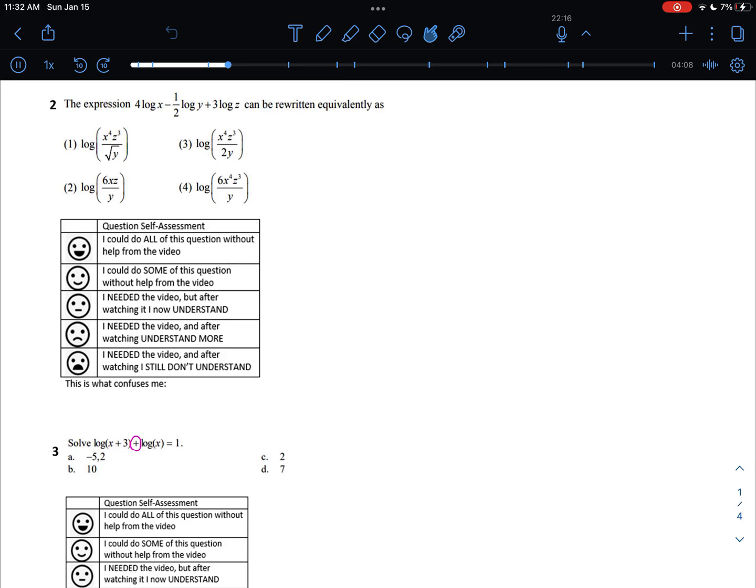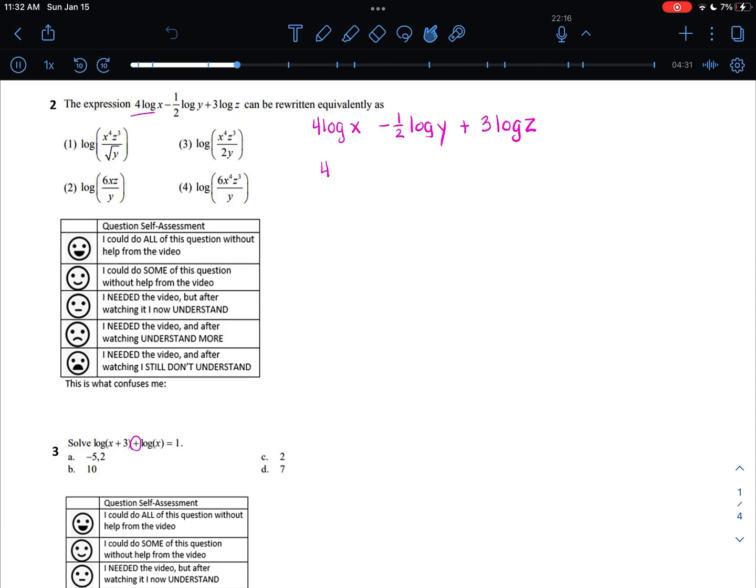So I have, for the first one, 4 log of x, and then I have minus 1/2 log of y, and then I have plus 3 log of z.